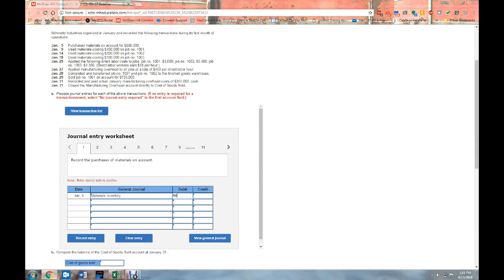An inventory account, to increase it, is a debit entry. So our credit account, remember we purchased materials on account, so that means that we have a liability, therefore accounts payable, 800,000 in our credit entry.